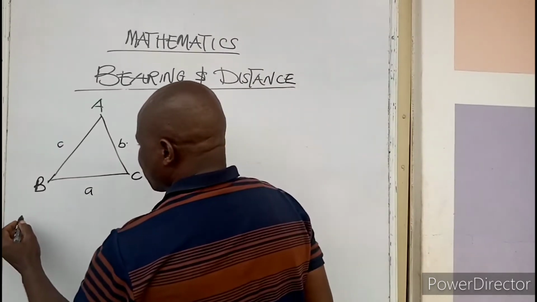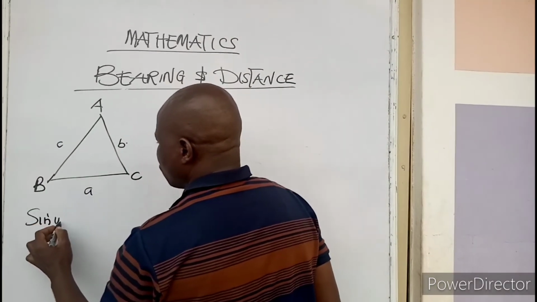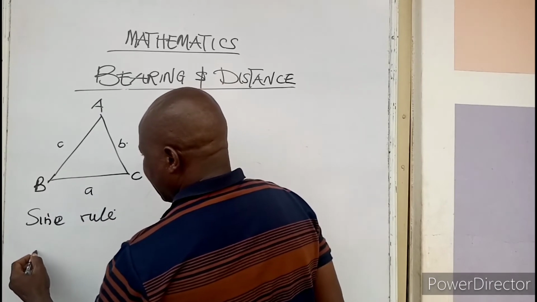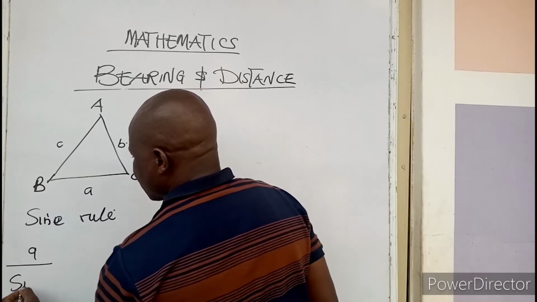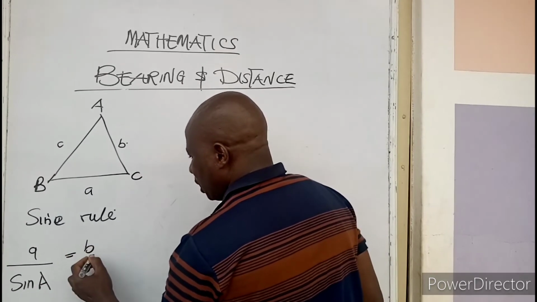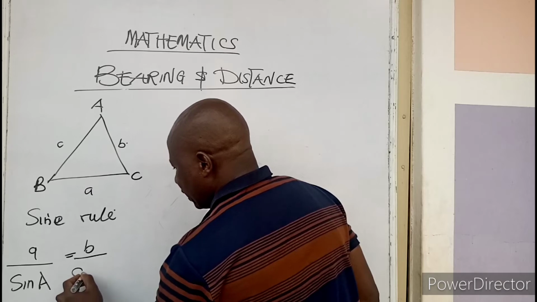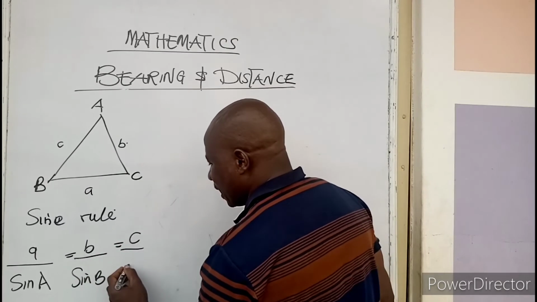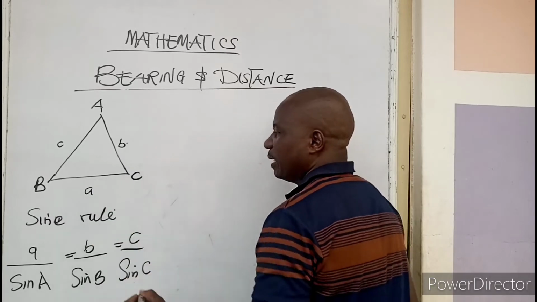The sine rule states that a over sine A is equal to b over sine B is equal to c over sine C. That is the sine rule.